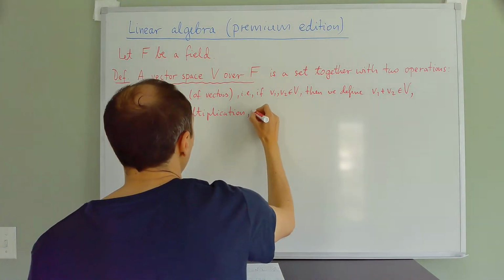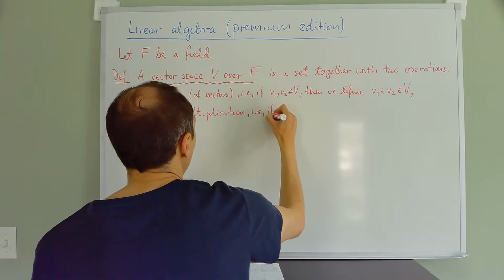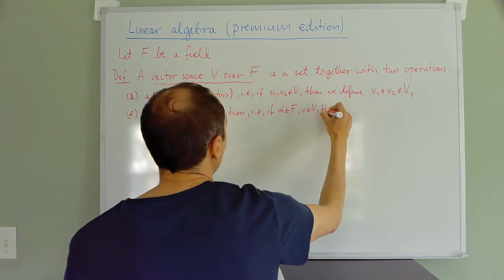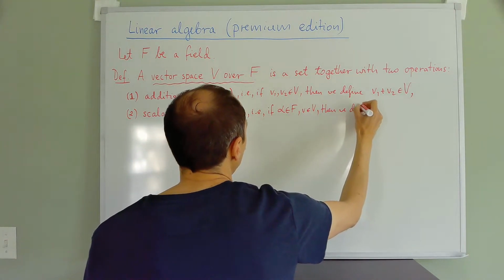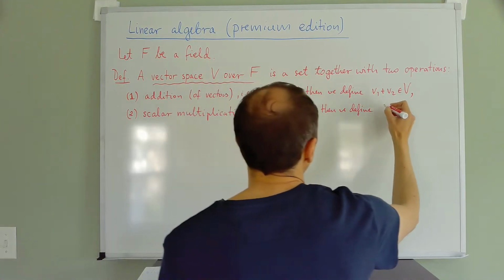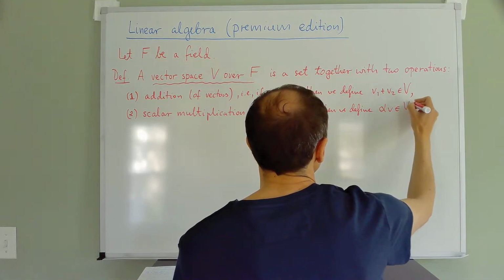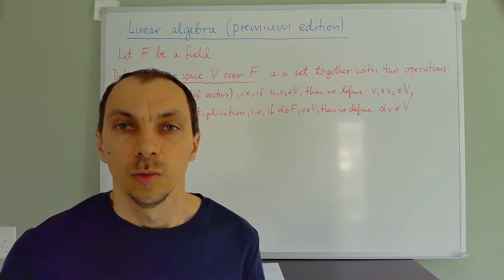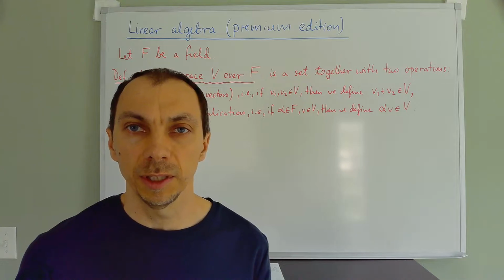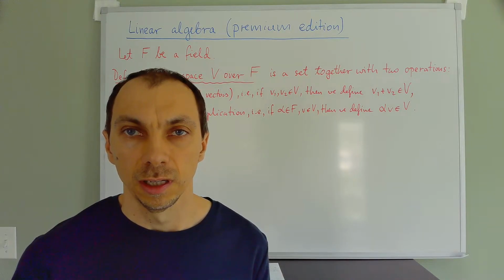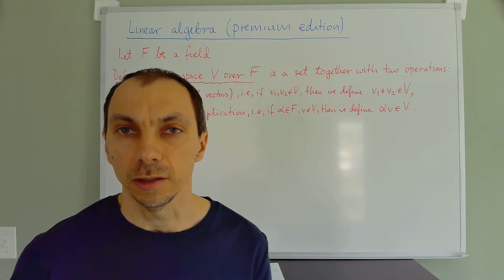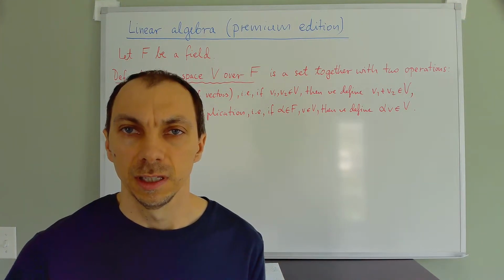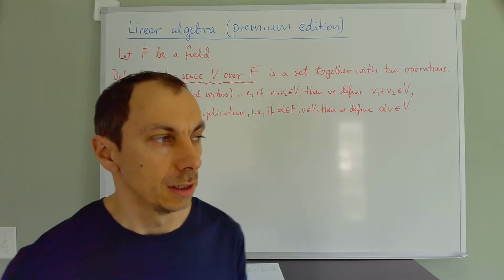I.e., if alpha is in F and V is in V, then we define alpha V, and that's another element of V. Okay, so what's a scalar multiplication? I take an element of the field and a vector, and I define a new vector. So scalar multiplication is something that eats an element of a field and a vector, and spits out a vector.